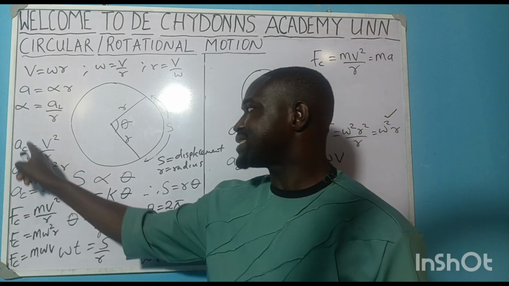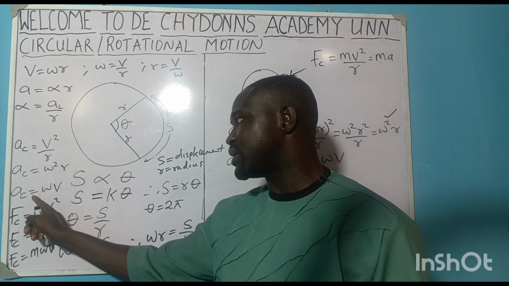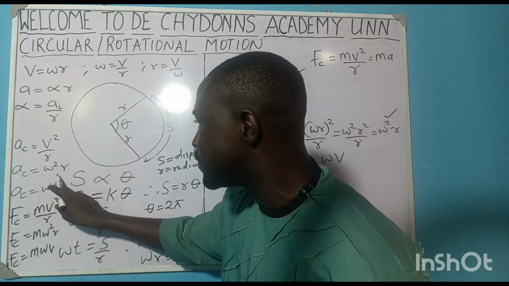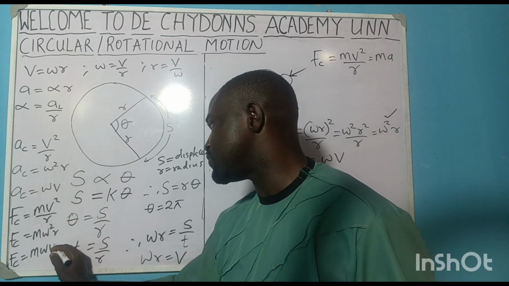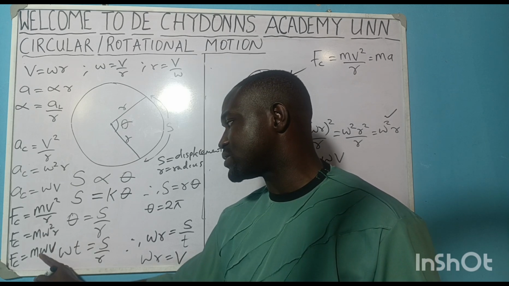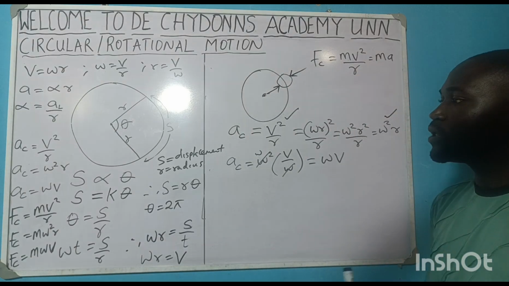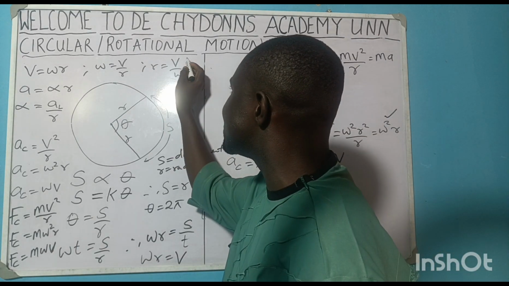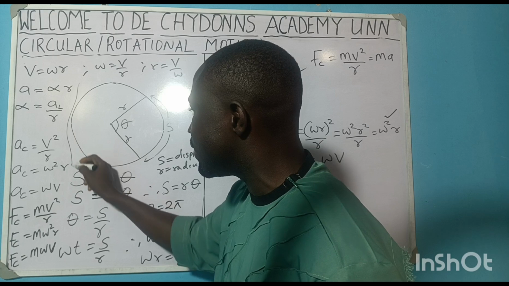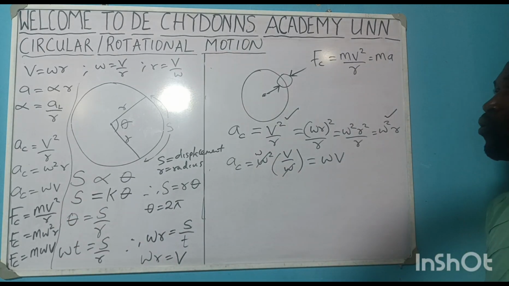That is mass times this centripetal acceleration. This is v, okay? This is v, not r. Mass times angular velocity times linear velocity. So these formulas we have just derived are very, very important for you to know if you are answering questions on circular or rotational motion.